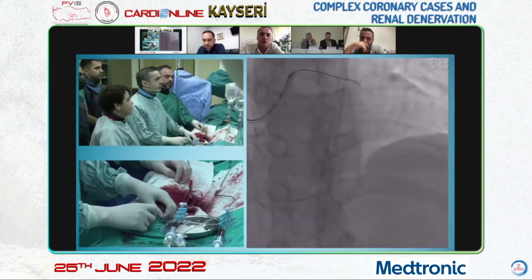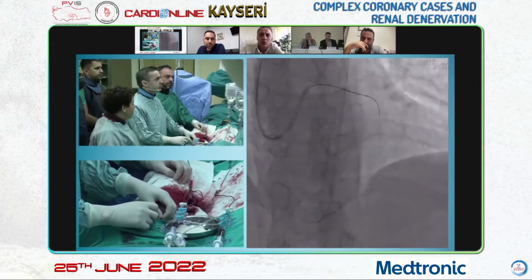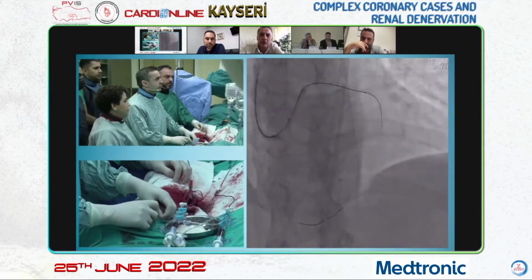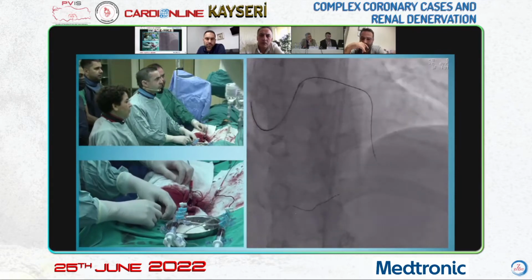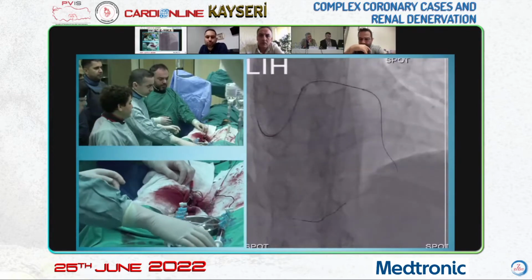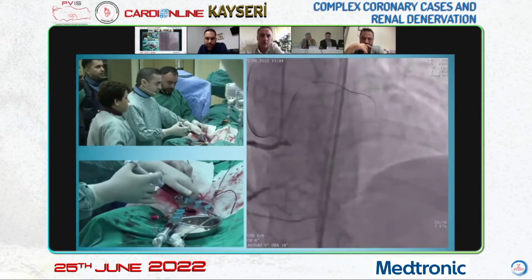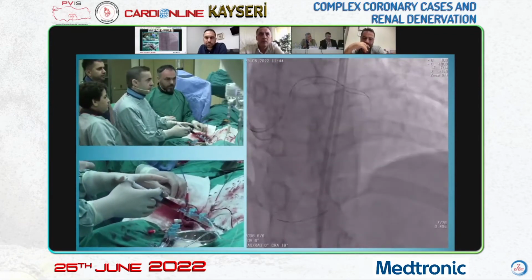Well, we think that this wire is not in the lumen, right? In the vessel. I think the lesion was holding it. We need a retro film.